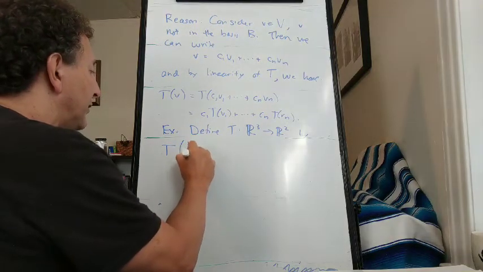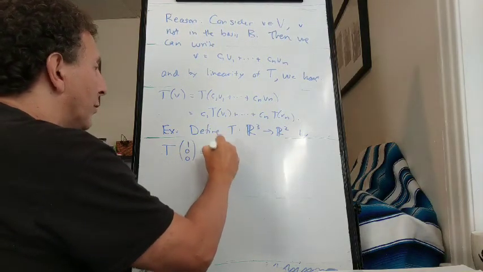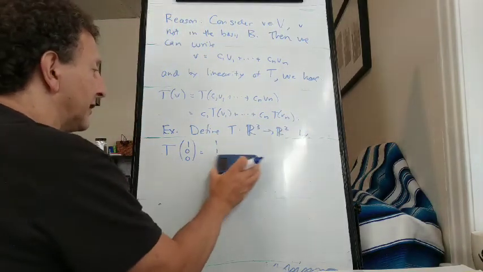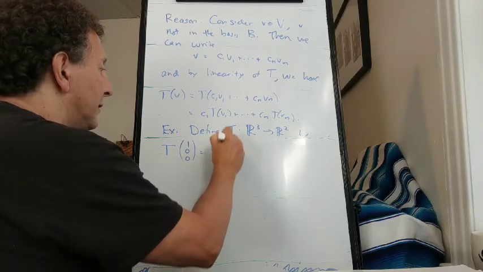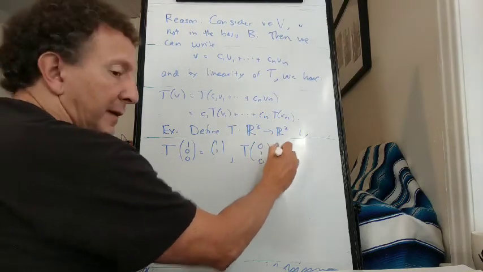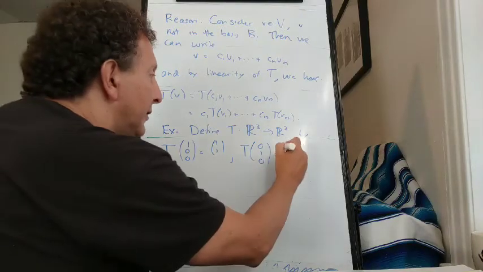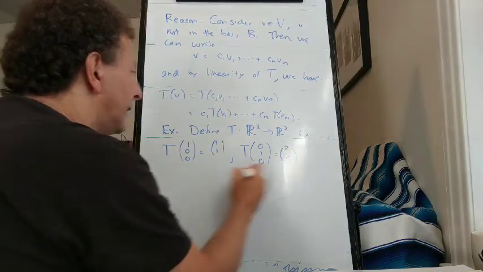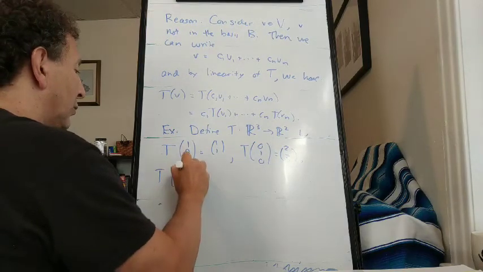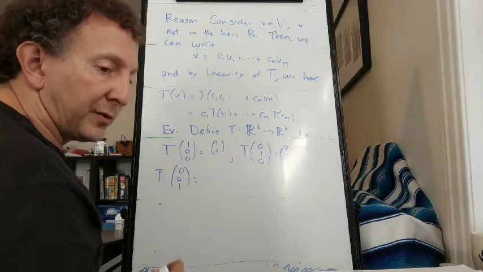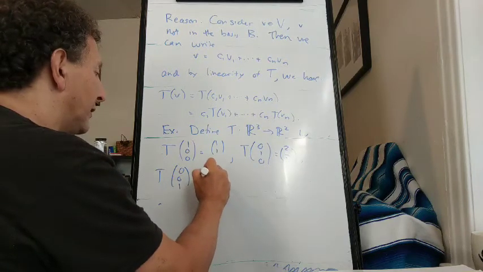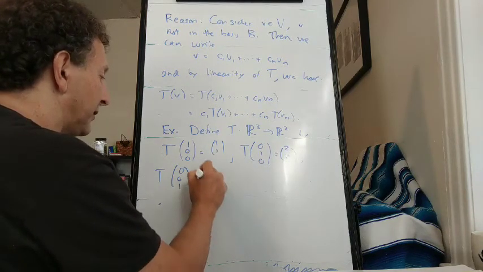T of 1, 0, 0 equals 1, 1. Well, actually, this is going to be a map to R2, so let's define this to be 1, 1. T of 0, 1, 0 equals 2, 3. And T of 0, 0, 1 equals negative 1, positive 1.